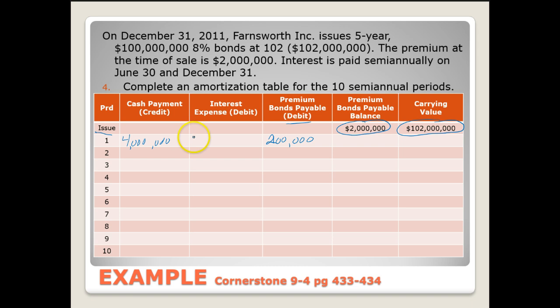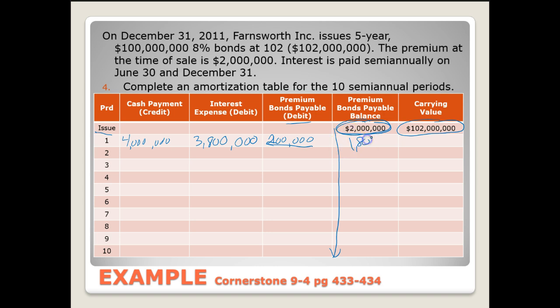So that means the interest expense is the payment minus the premium amortization. So it was $3,800,000. This means that the premium balance, because remember, I'm trying to get that balance all the way down to zero eventually. I'm going to reduce the total balance by the $200,000 of premium amortization that just occurred.